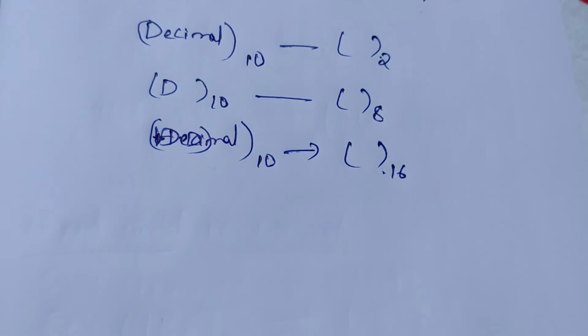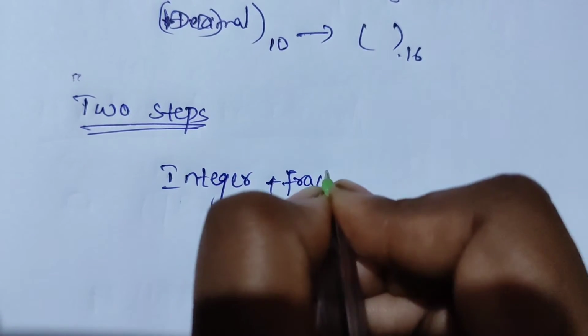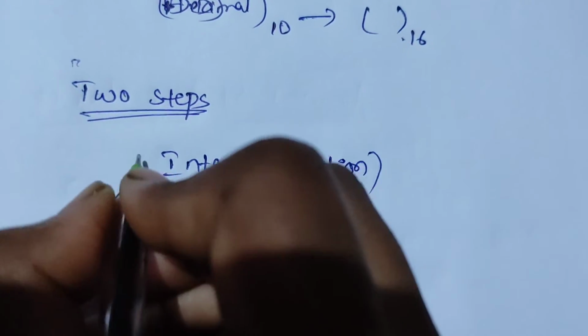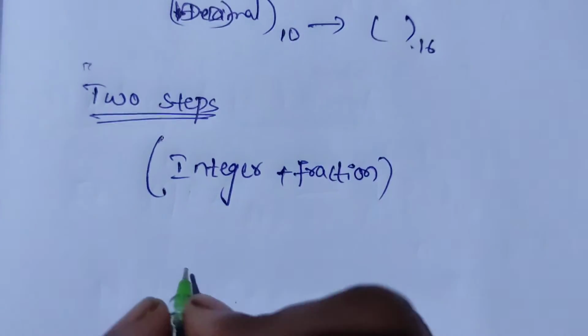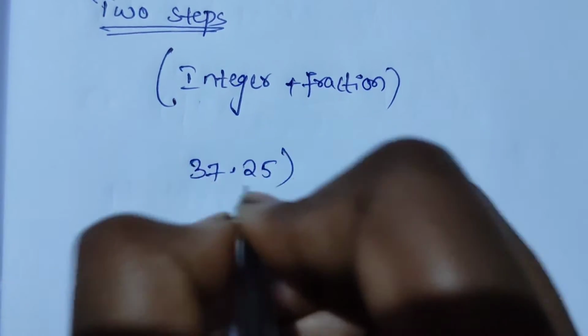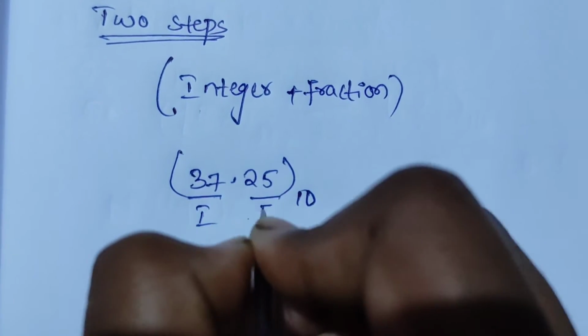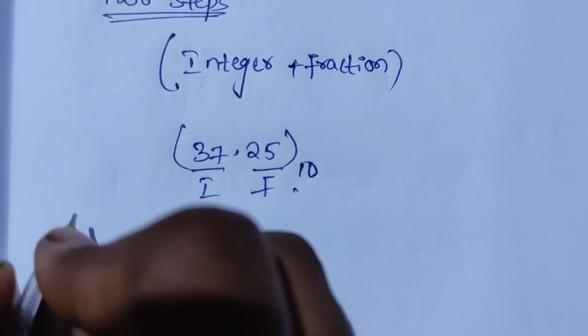For this we need to follow two steps. In the example, if we take integer plus fraction part, let us take an example, 37.25 of decimal number. 37 is the integer part and 25 is the fraction part.